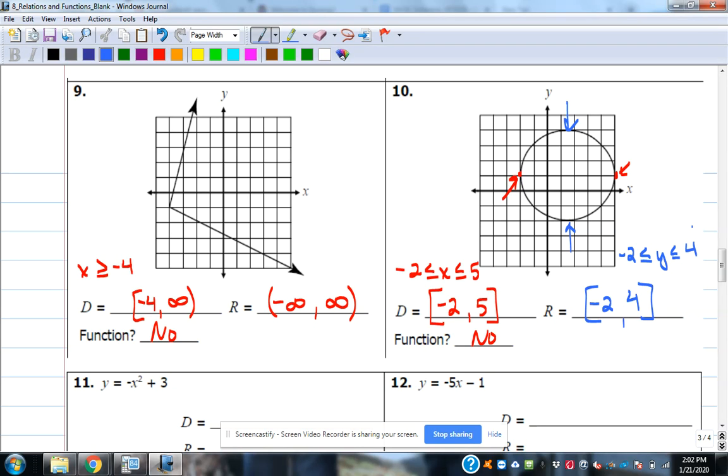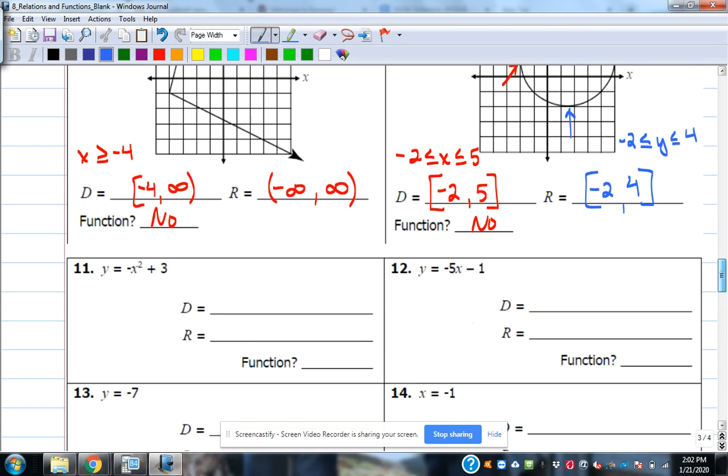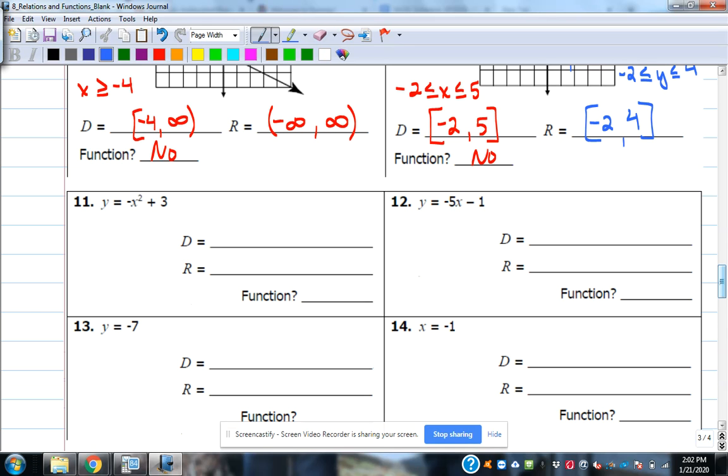But again, I like the interval version a lot better just because it looks nice. Okay. All right. This is where, if you got your graphing calculators, this will be handy on this. I'm going to show you how you can use those to kind of help you. And if you don't, you can use some of your prior knowledge to help you with this.